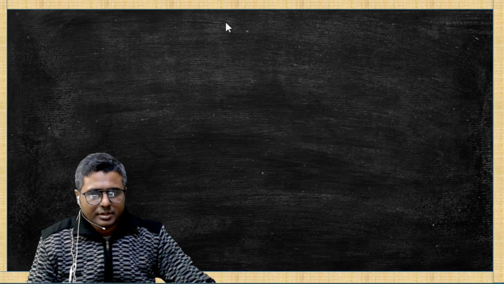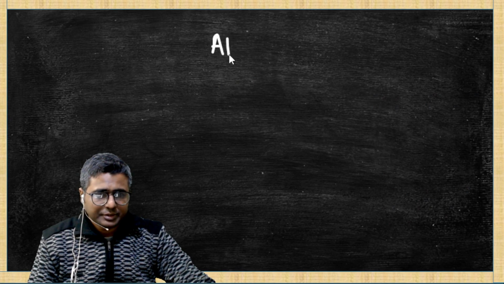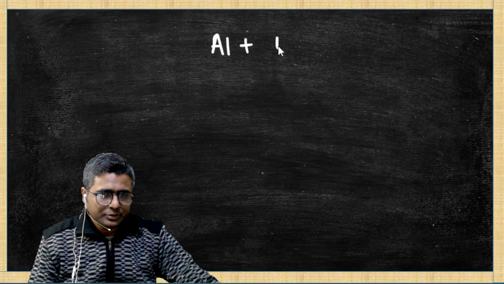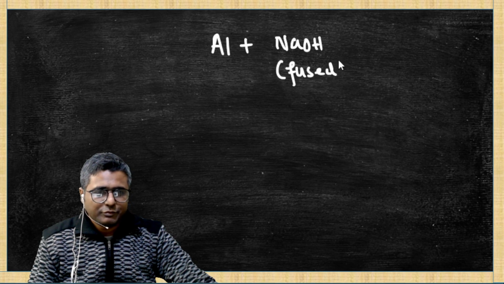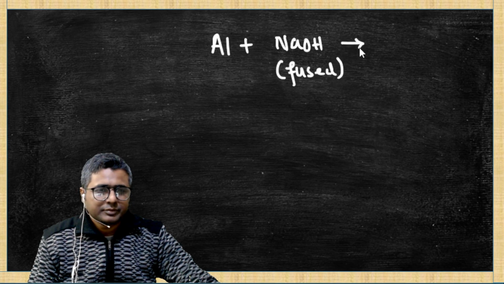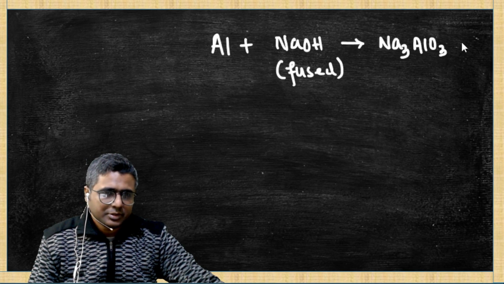Next, aluminium. This has two reactions. Aluminium, when it reacts with fused NaOH, fused means molten, no water, fused NaOH, it gives you Na3AlO3 plus hydrogen.